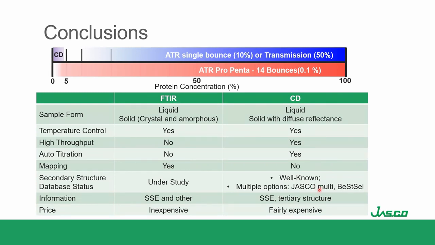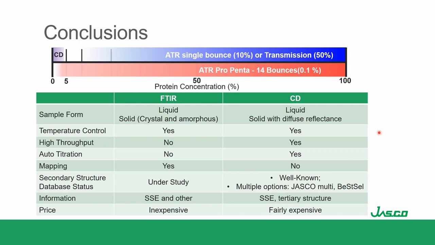I've highlighted here our JASCO multivariate software, but in addition to this, there's also BestCell, which is intended for beta-rich heavy proteins. It's an online algorithm that's free to use. Algorithms like this can be used in conjunction with the JASCO multivariate to double check results and make sure estimations are correct in what you believe they should be.